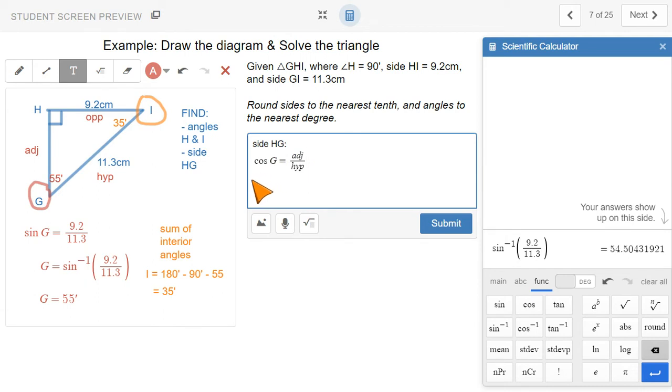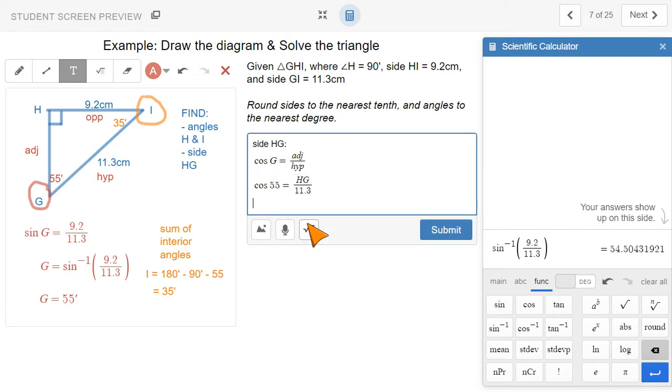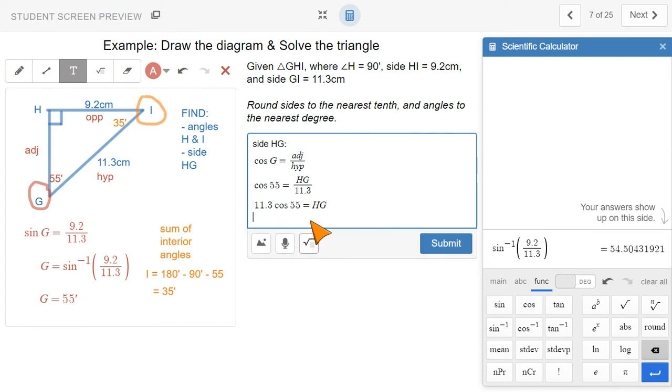Let's fill in the values. So cosine of 55 is equal to adjacent over hypotenuse. Let's not simplify it yet. We have to cross multiply first so that we have the most exact answer. 11.3 times cosine 55 is equal to HG.